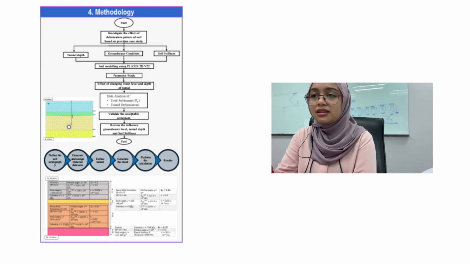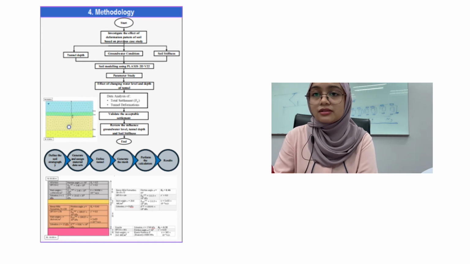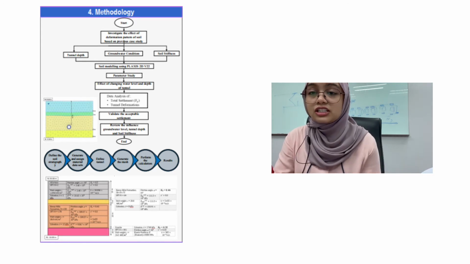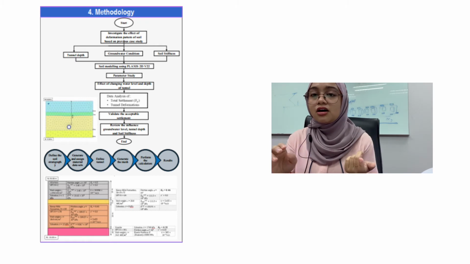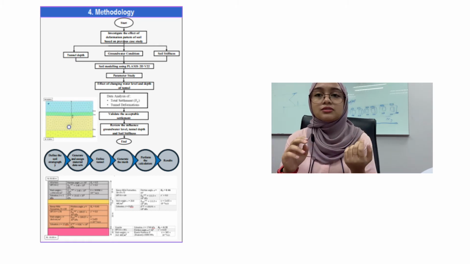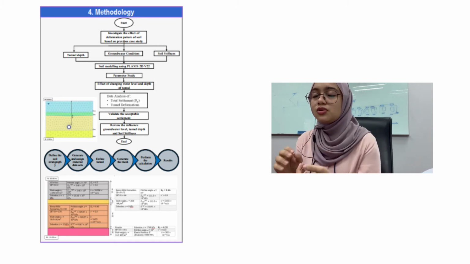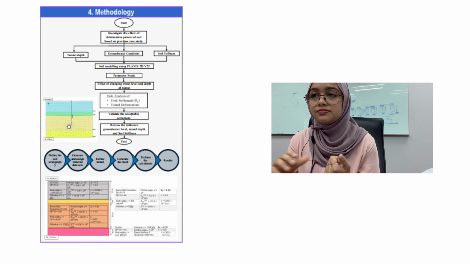As you can see from the poster beside the flowchart, there is my modeling, tunnel modeling and soil modeling. The actual case of tunnel depth in MRT based on my chosen chainage is 32 meters below ground level.